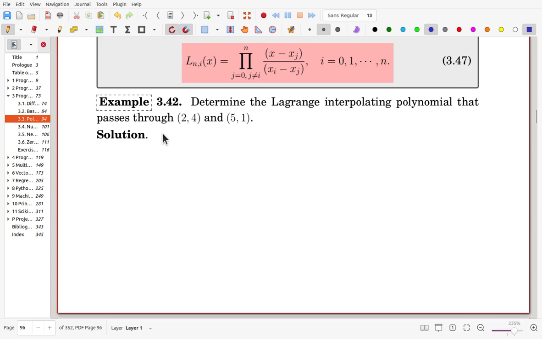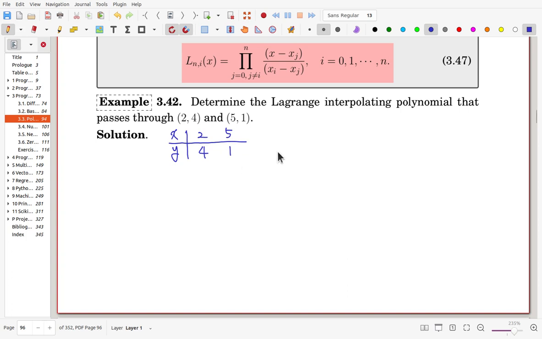For this data, you may make a table, for example x and y, with x being 2 and 5. For 2, the y value is 4, and for 5, the y value is 1. Once you make this table, then it's quite clear to see the data.